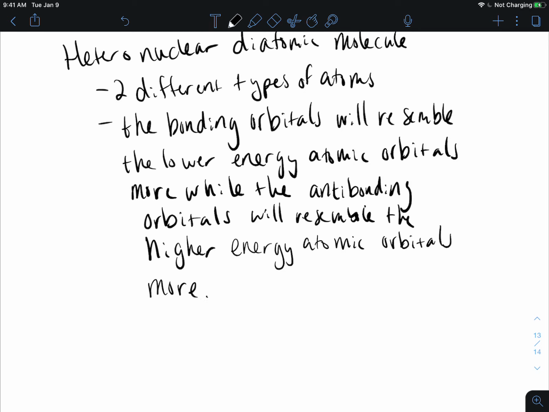Okay, and as a note, our lower electronegativity atom is going to have a higher energy.